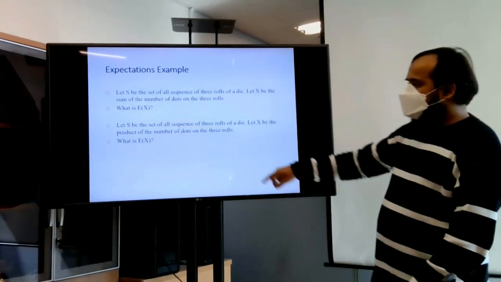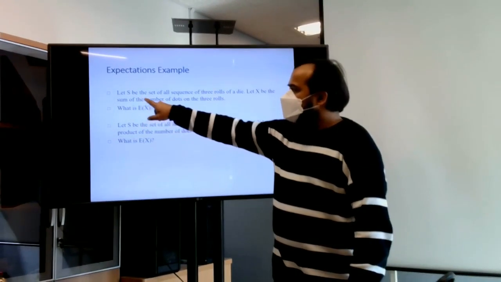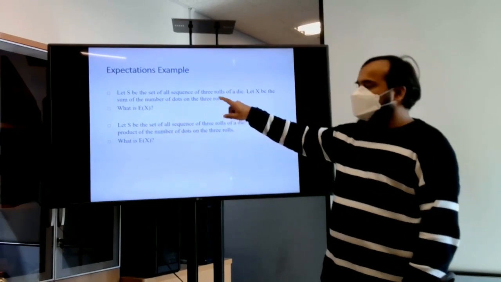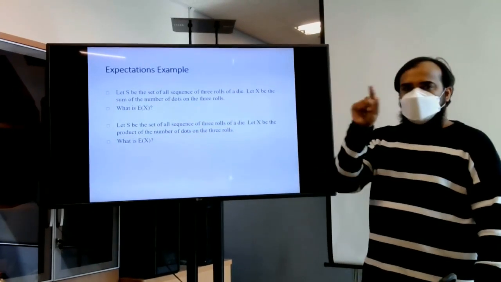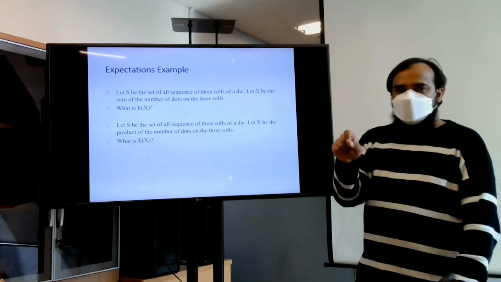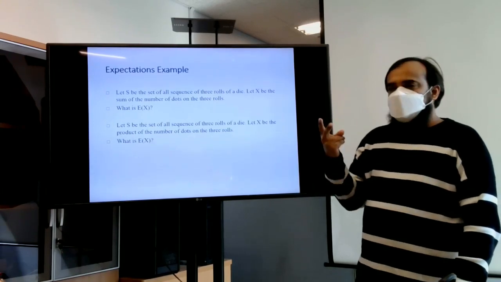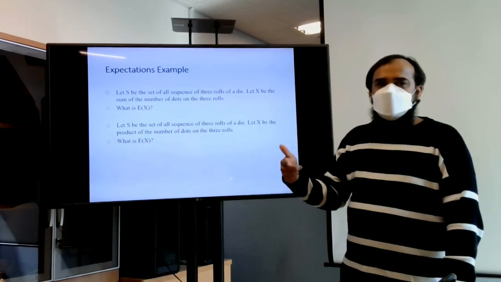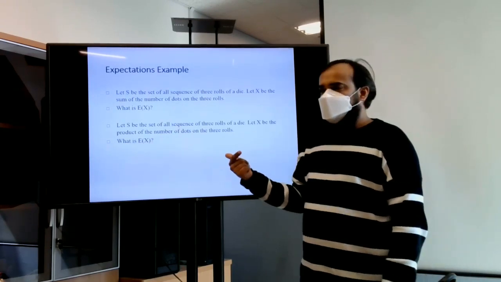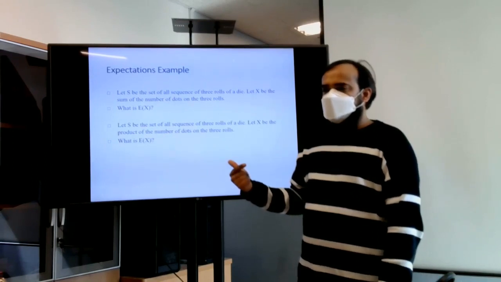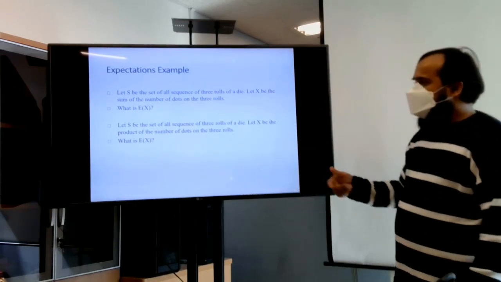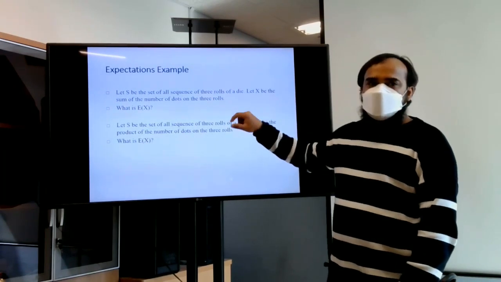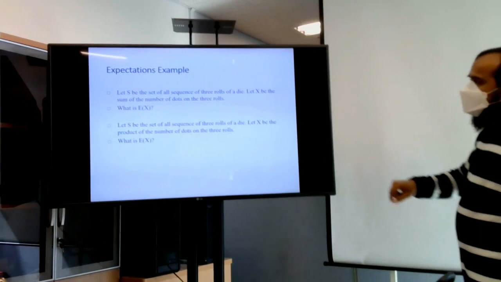To find e of x, we just sum the number of dots on the three rolls. Say 2 dots occur 2 times, and 1 dot occurs 1 time. Then 2 plus 2 plus 1 is 5. Divide by 3. Okay, because we roll 3 times, we have to divide by 3 to calculate the mean of that event x.